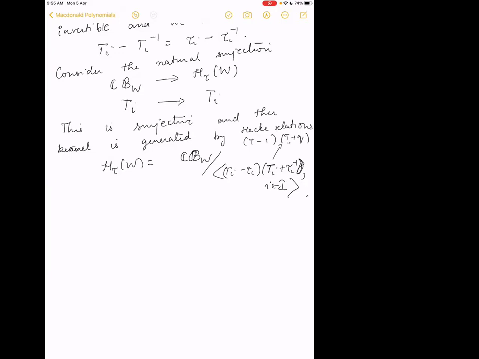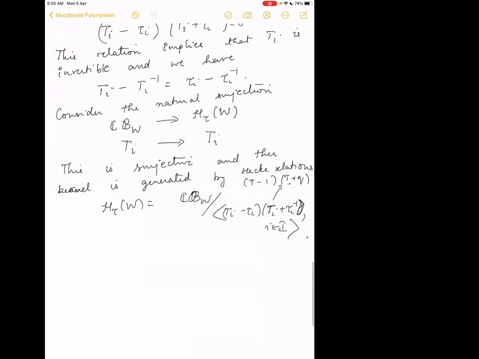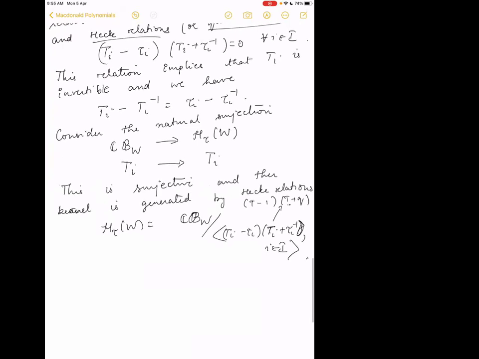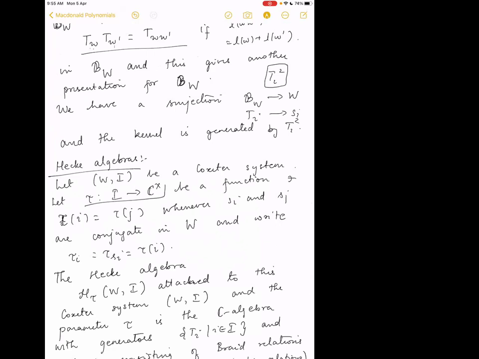Okay. So this natural surjection from C[B_W] to the Hecke algebra, is this T_i going to tau_i? No, T_i going to T_i. In the Hecke algebra, the tau_i are just complex numbers. You see, tau is a function from I to C cross, and tau of i is tau_i, and the tau_i are just complex numbers.